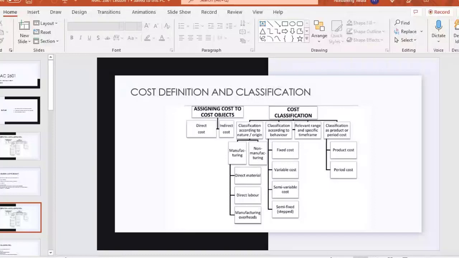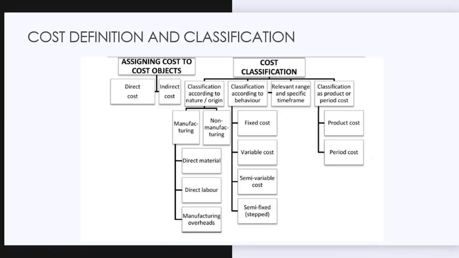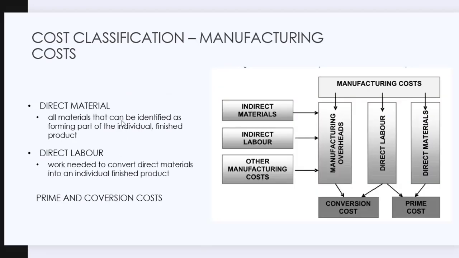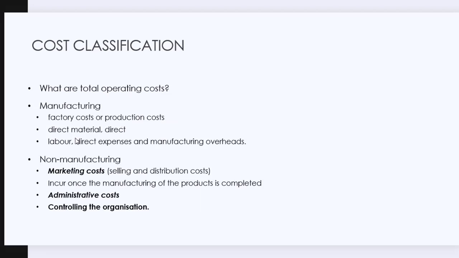Okay, cool. Thank you for participating, guys. So yes, manufacturing, these are your production costs. What it costs us to produce this table, the part of production, right? Direct material, direct labor, your overheads, they are part of your manufacturing.